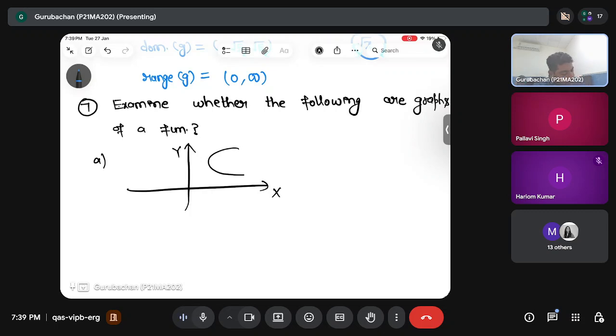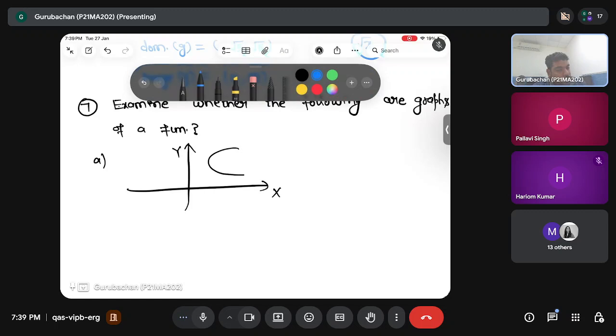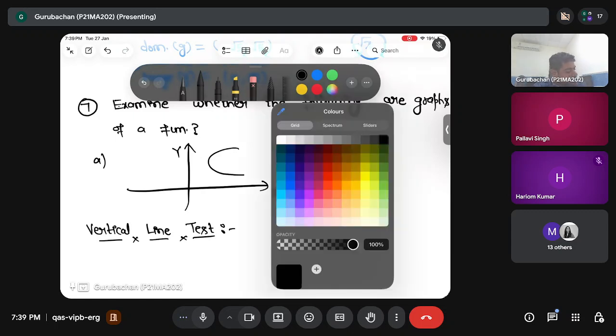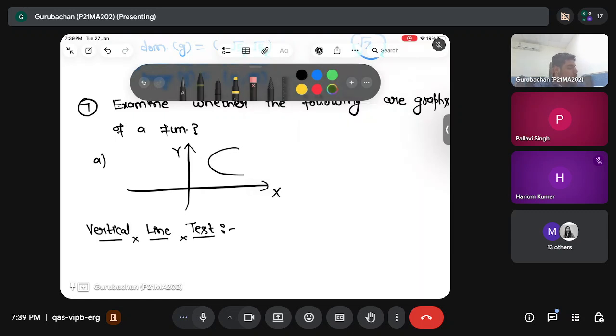So what is the vertical line test? Anybody? Simply, we have to draw a vertical line parallel to the y-axis and check the intersection points. So I'm writing it formally.